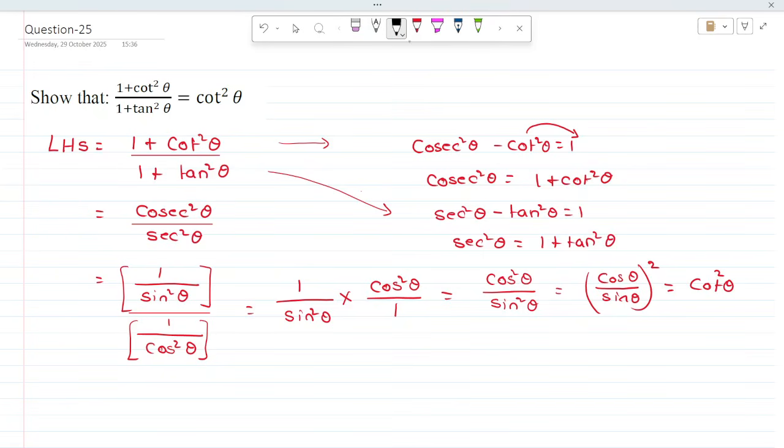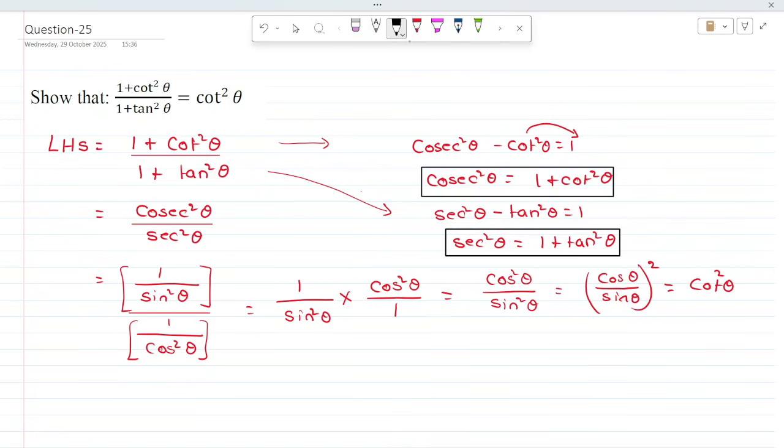You should mention these identities in your solution. Otherwise, there is a chance they will reduce half a mark. If you don't want that, you can neglect. Your conclusion should be: is equal to RHS. Hence proved. You have to conclude. Don't write HP; write Hence proved.